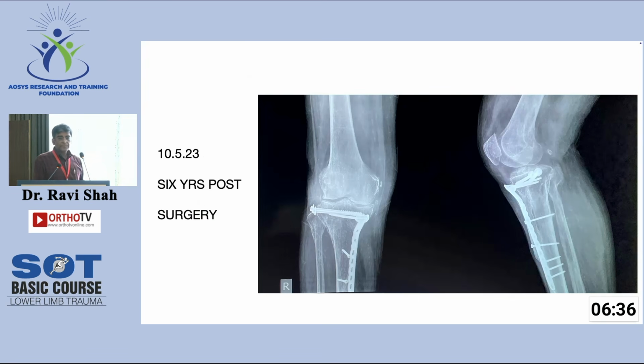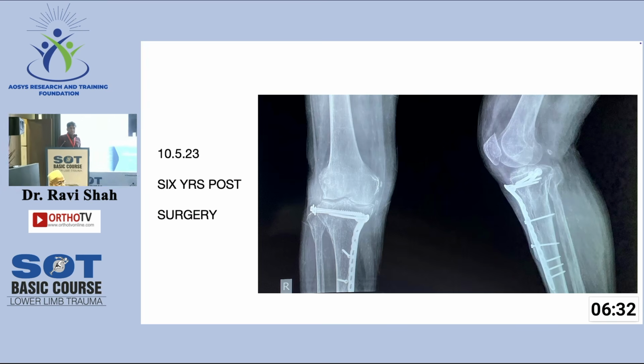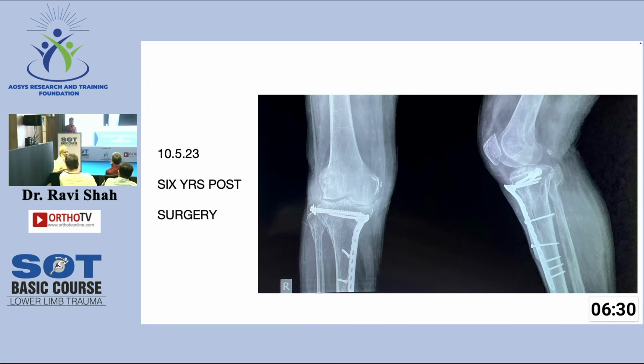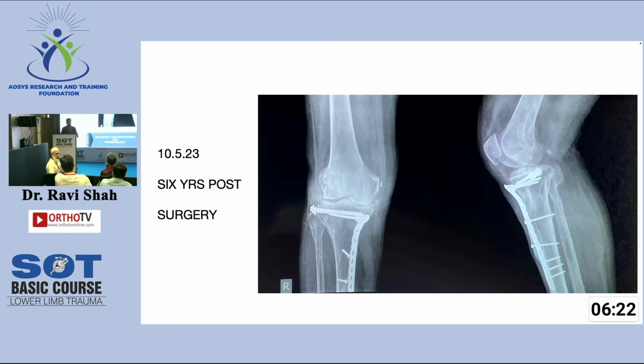Just one thing. The tibia, in the so many years that I have seen, is a very, very forgiving bone. You can do a lot of malunions, intra-articular also, and you will get away with it for a long time. The patient will not get arthritis very quickly. Whereas the distal femur is a horrible bone. If you don't put your distal femur together, the patient's knee will never move.